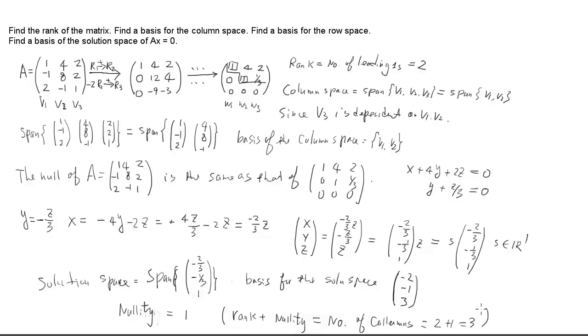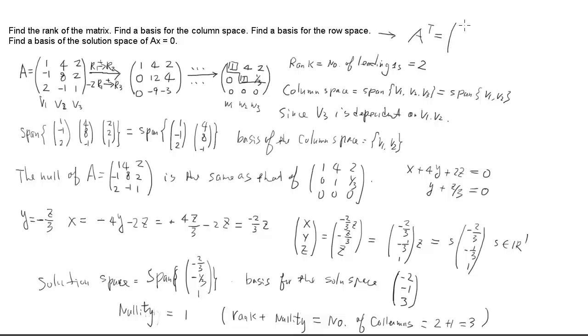Now, if we want to find a basis for the row space, let me just indicate how to do it. You just need to look at A transpose, because in A transpose, rows become columns.